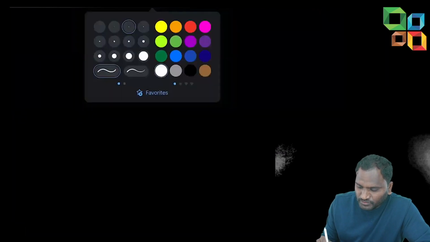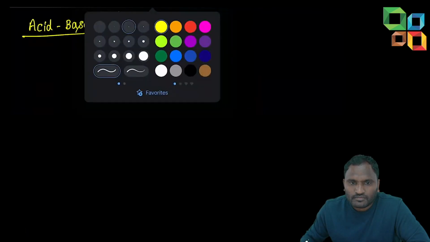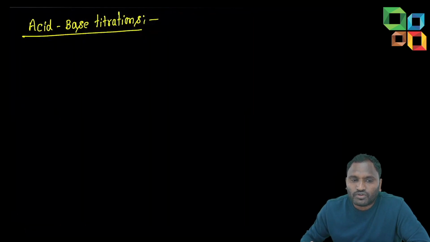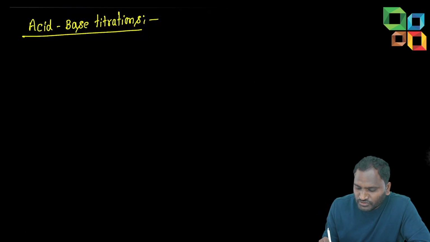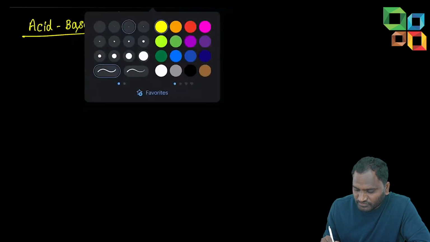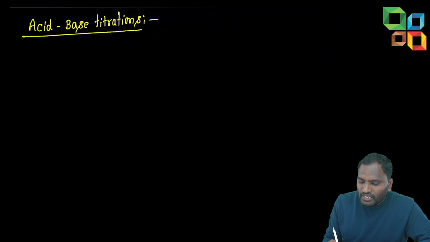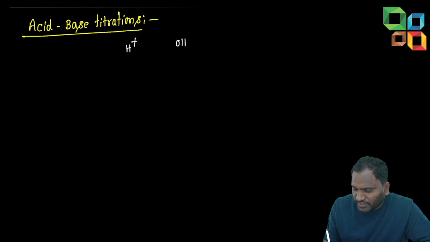So here, acid-base titrations we'll see. Acid-base titration is important. These are also called neutralization reactions. See students, what is a neutralization reaction? When an equivalent number of H plus ions and OH minus ions are there.